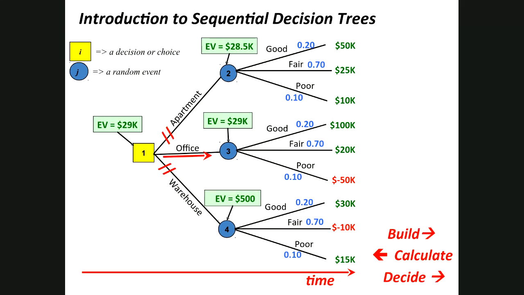We're going to make a decision back through this decision tree about which choice we will make. In this case, of course, we'll choose the office, to invest in the office. We won't invest in the apartment, and we won't invest in the warehouse. So the double hash means we're not going to choose that. The arrow means we will choose that option.